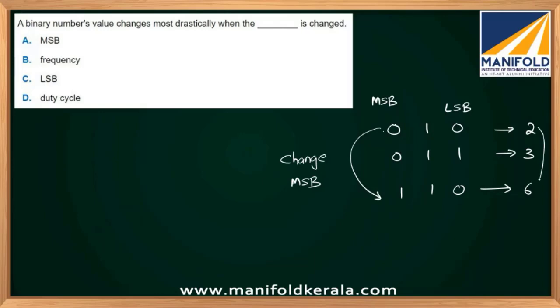And what is the change here? From 2, it has changed to 6. So which is a more drastic change? Change in MSB or change in LSB? What do you think? When you changed LSB, the change was only 1 unit. When you changed MSB, the change is 4 units. So which is a more drastic change? What is the answer?